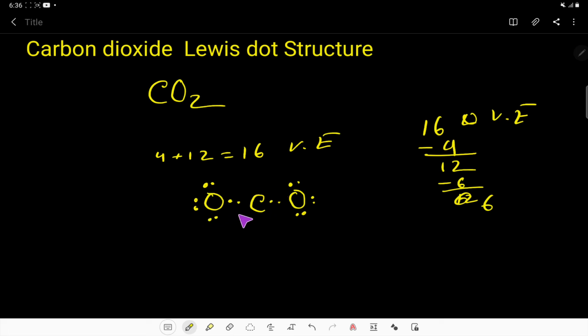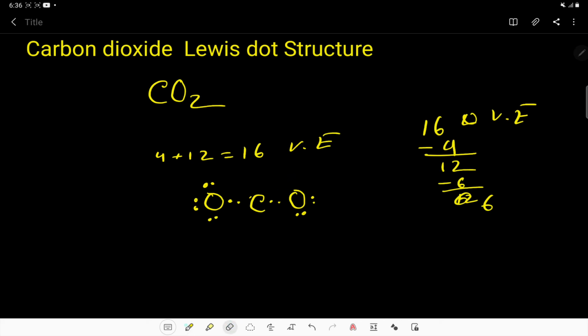This carbon has 4 valence electrons, but we need to satisfy the octet rule for this carbon, right? So we'll make one bond using these two valence electrons.